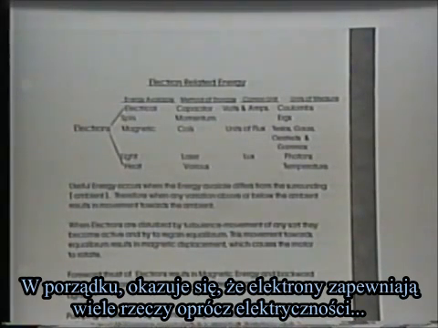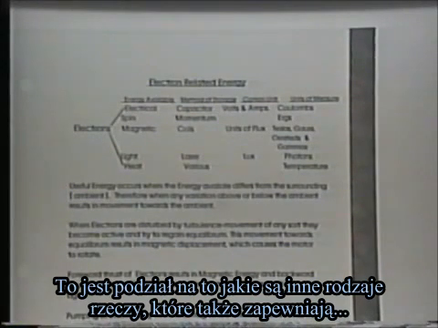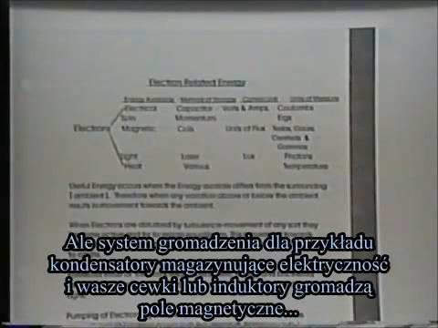Okay. It turns out that electrons provide us with a lot of things besides, say, electricity. And this is sort of a brief breakdown on it, and there's probably other types of things that they provide us with also. But in the systems of storage there, for example, your capacitors would store the electricity, and your coils or your inductors would store the magnetic field.